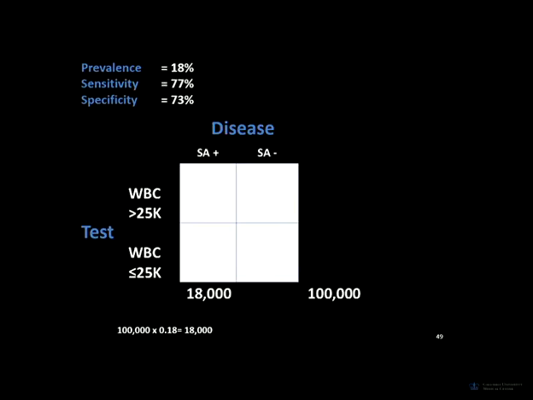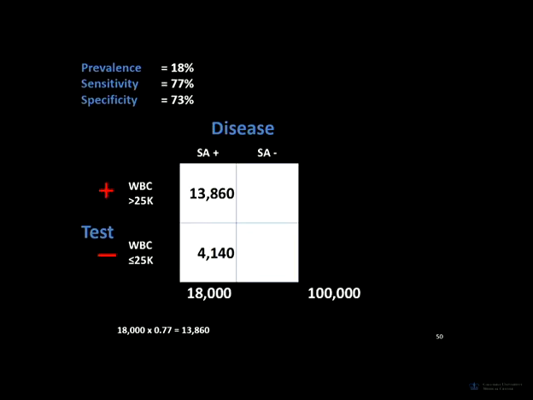We're going to take that and calculate 18% of 100,000, and now we have filled in one part of our table, the 18,000 people with the disease. And using our sensitivity, remember the denominator is all people with the disease, we calculate using 0.77 the number of people with the disease who test positive and the number who test negative.